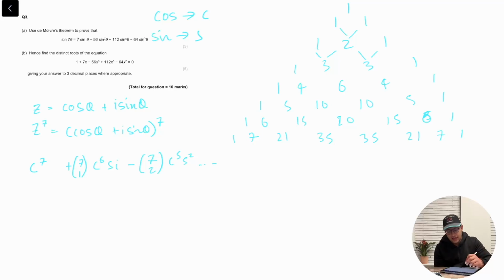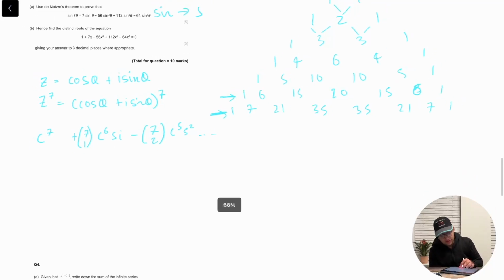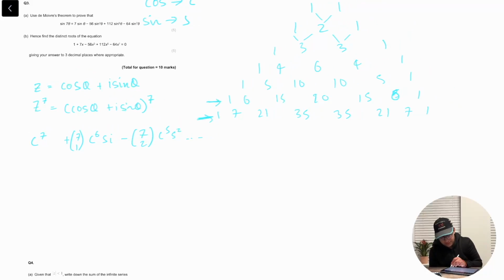If it's (a + b) to the power of 6, then all of the coefficients for all of the terms will be in this row. In this case, because it's to the power of 7, all of the coefficients that we find will be from this row. Using this, I can speed up the process.